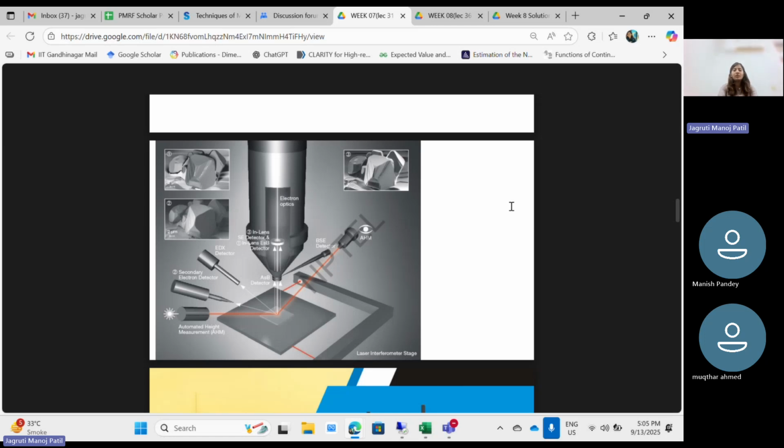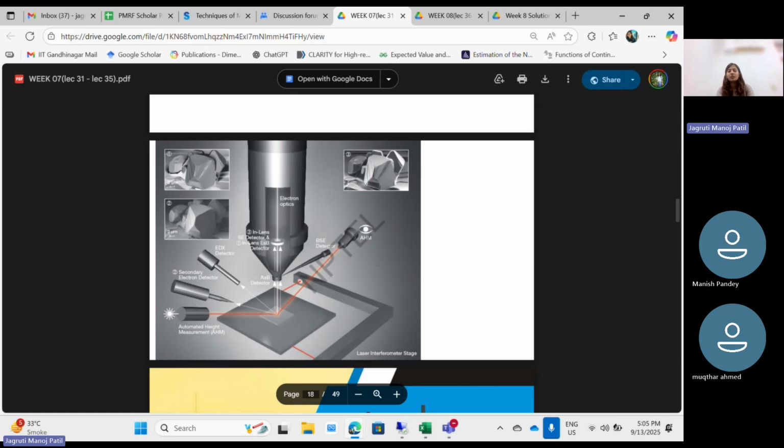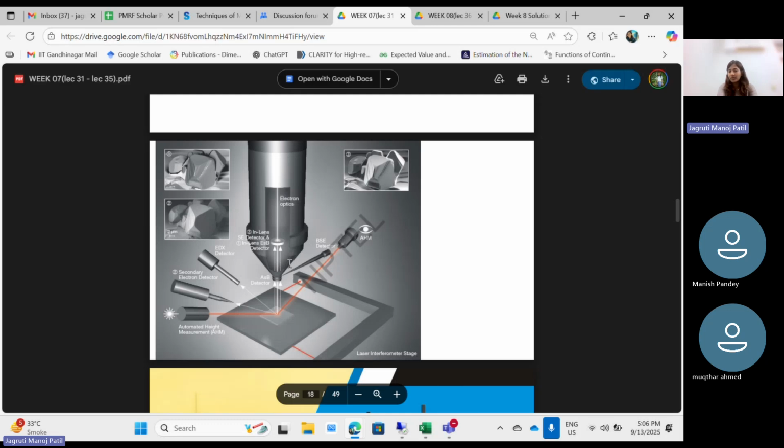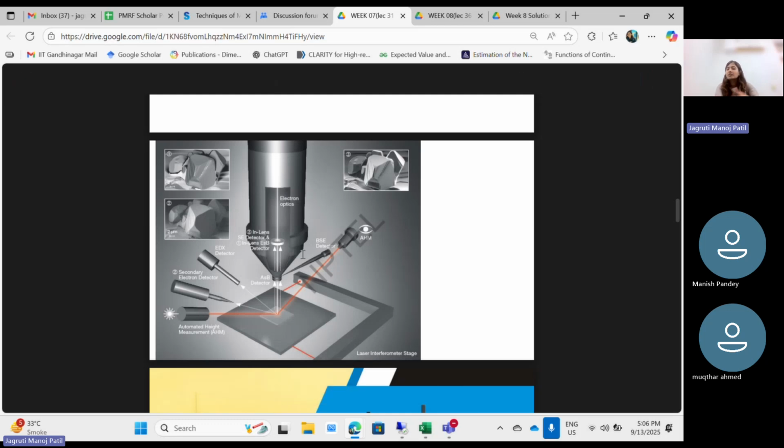So whenever you're trying to image, at that point you won't have your detector in the path. Your detector won't be perpendicular to the sample every time. It's only the source gun which is present over there, and you have only this one in-lens detector. But the other ones are nothing but used for some specialized kind of imaging.